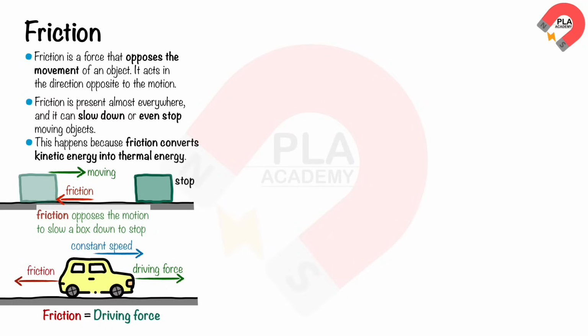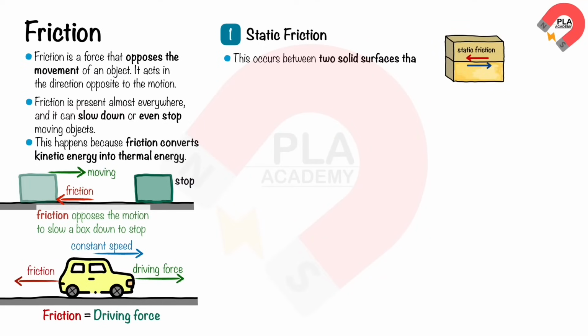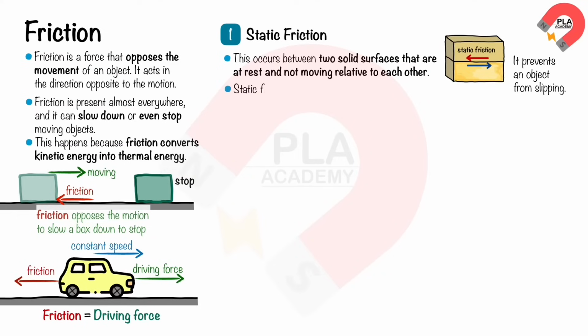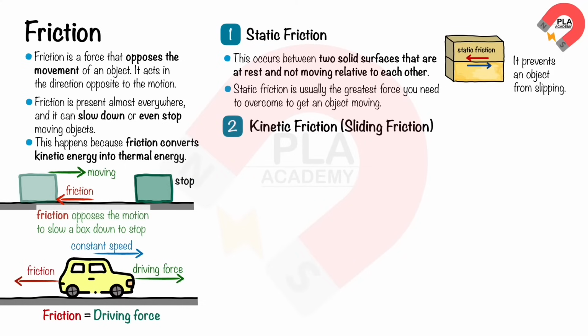There are three main types of friction. Static friction. This occurs between two solid surfaces that are at rest and not moving relative to each other. It prevents an object from slipping. Static friction is usually the greatest force you need to overcome to get an object moving. Kinetic friction, or sliding friction.